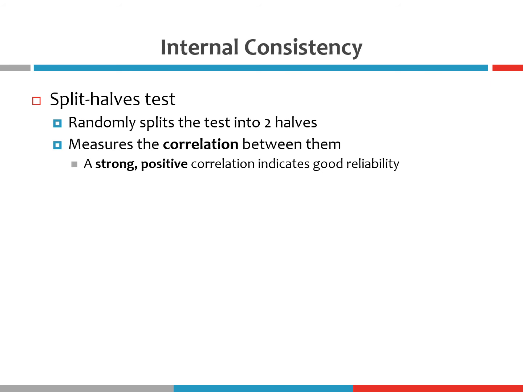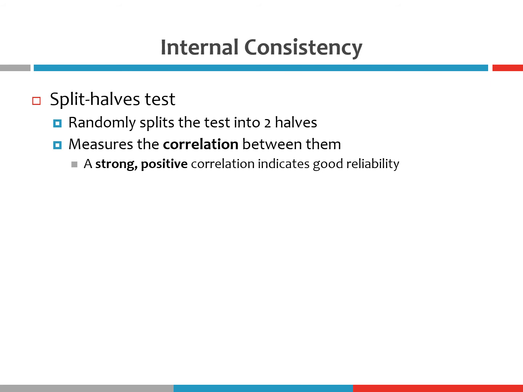It's one test, and all the individuals in your sample complete it. Then, when they hand the test back to you, let's say it has 50 questions, you split those questions into two halves of the test. So the first half is the first 25 questions, and the second half is the second 25 questions, right?